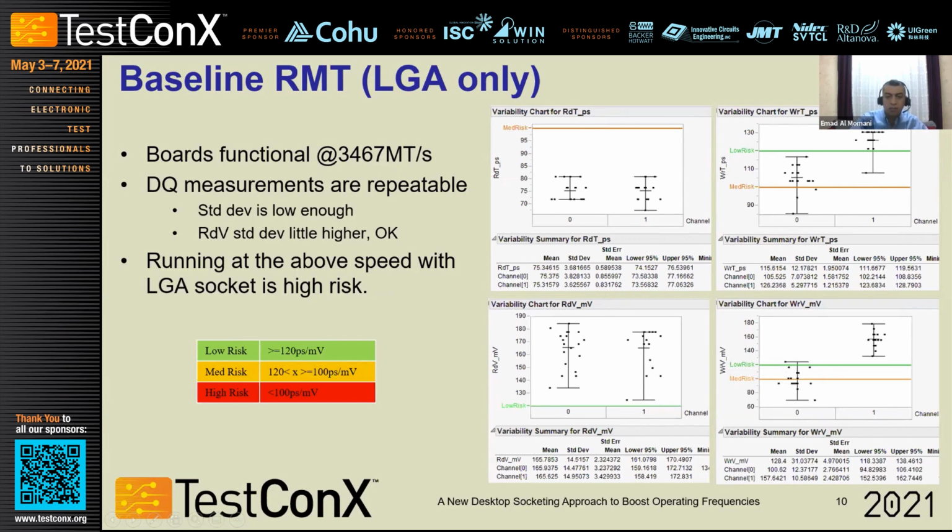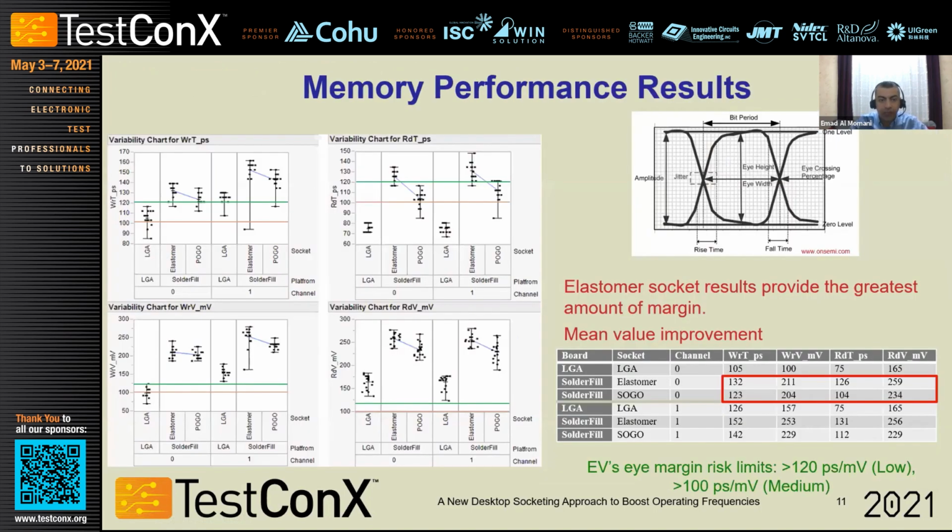Moving to the next slide, looking at the performance of the new socket technologies, the elastomer and the SOGO bin. You can see here that these sockets are getting higher values. They are mainly moving to the low risk region.